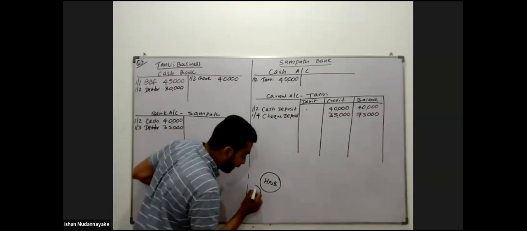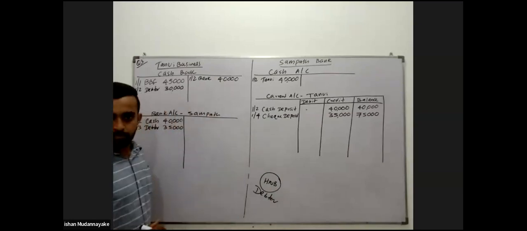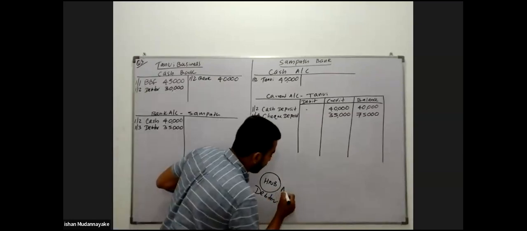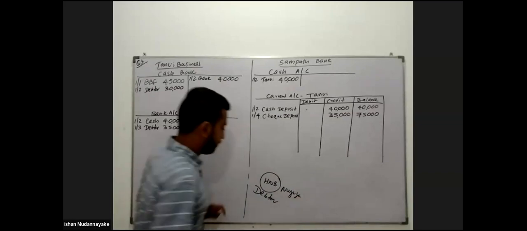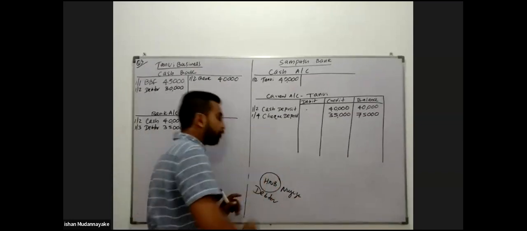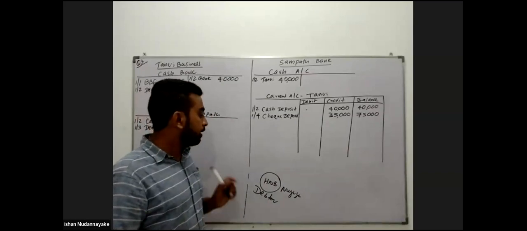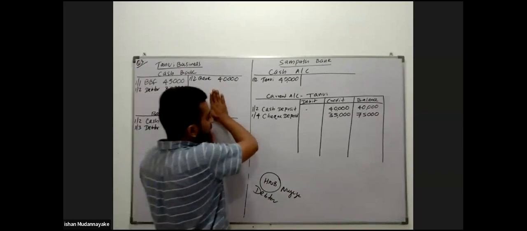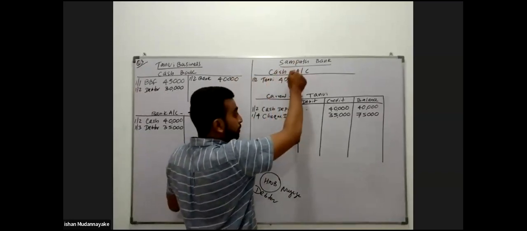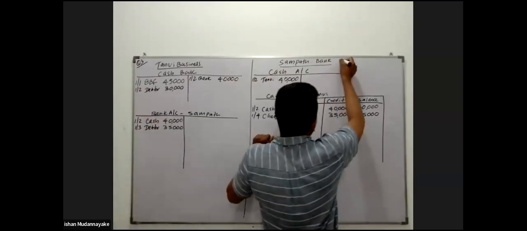That debtor maintained his current account in HNB Bank, Nugegoda. And Thani maintained her current account in Sampath Bank, Kiribathgoda.